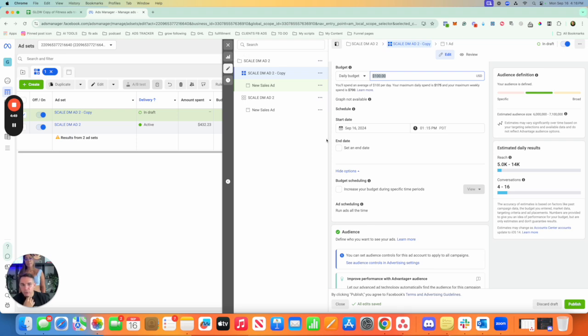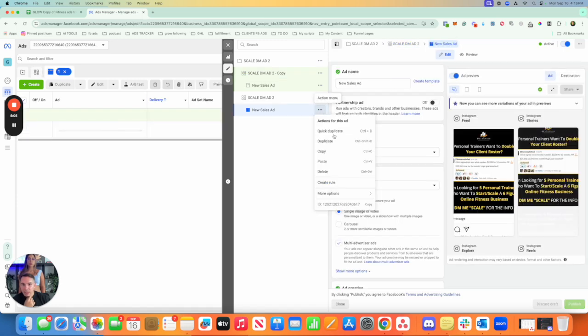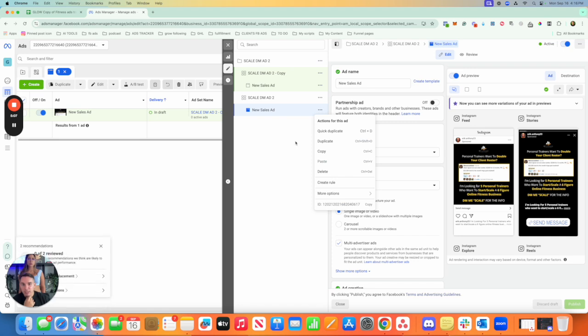So the first way is vertically scaling by adding $10, $20 every 3 days to that ad. And the second way is horizontally scaling by just quickly duplicating the ad set level. You want to make sure you're not duplicating the ad, because then what happens is it split tests the advertising budget.